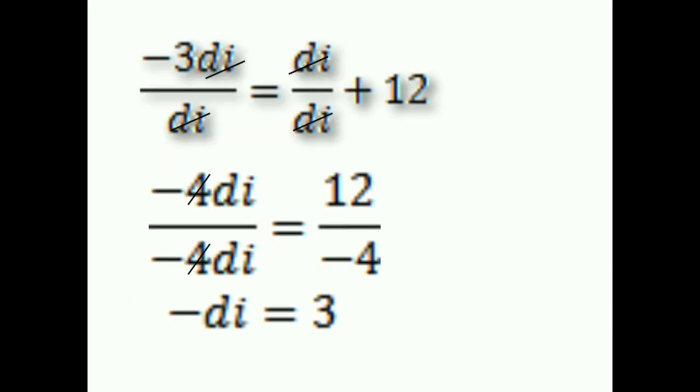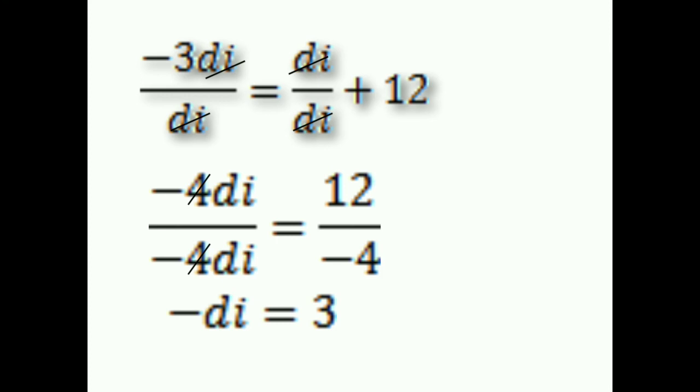Now, our equation becomes negative 3di equals di plus 12. As always, we're going to move the di term. So negative 3di minus di will be negative 4di, and di minus di will be 0.